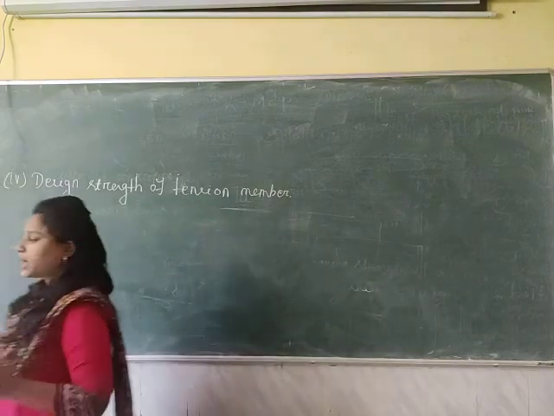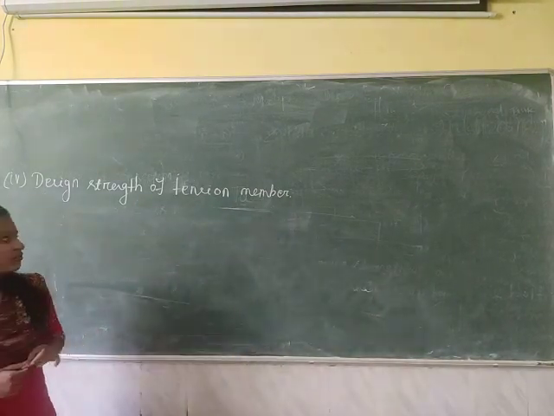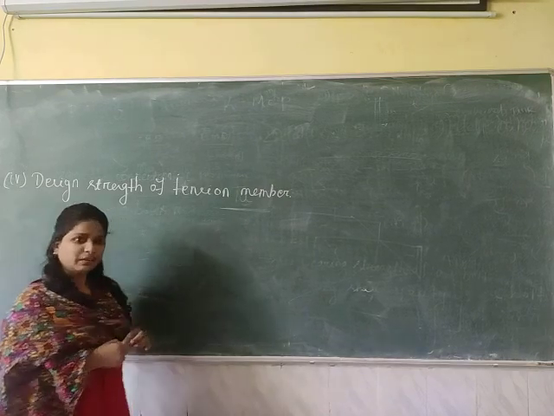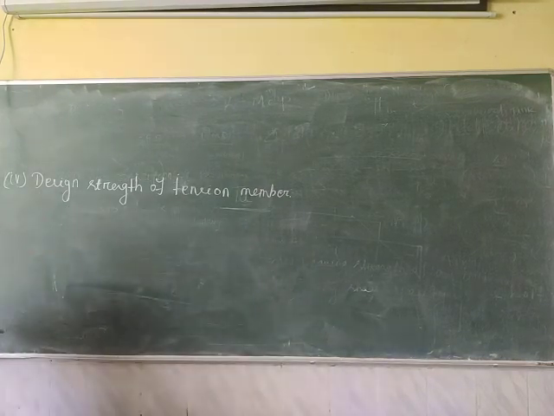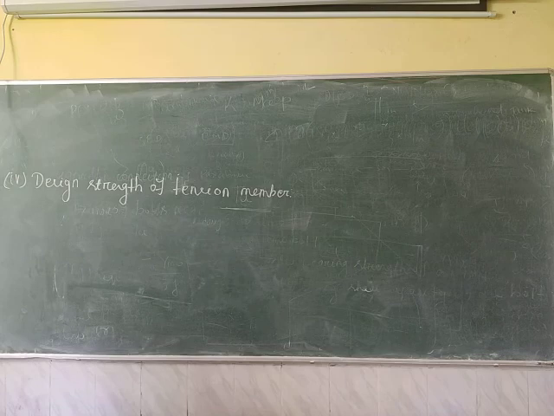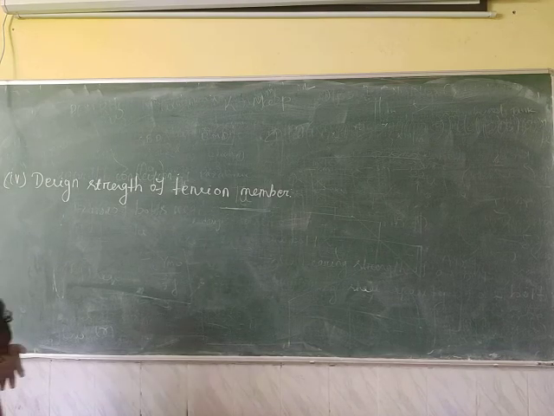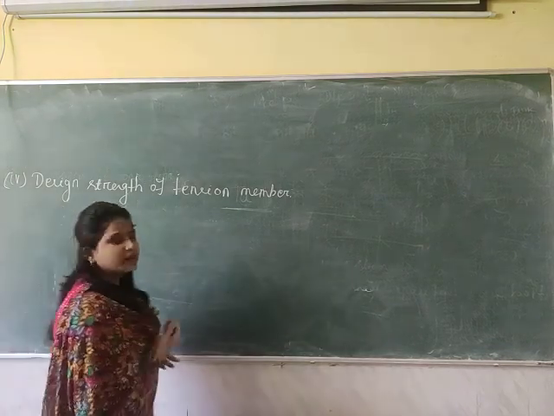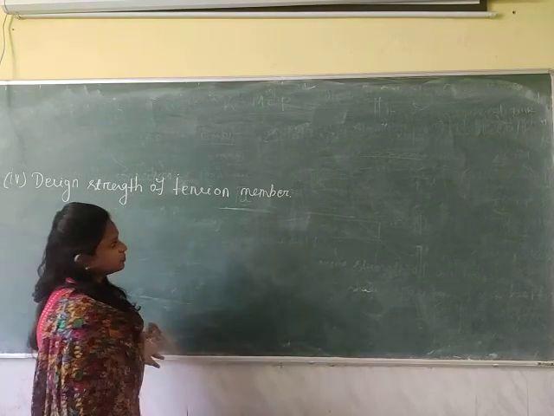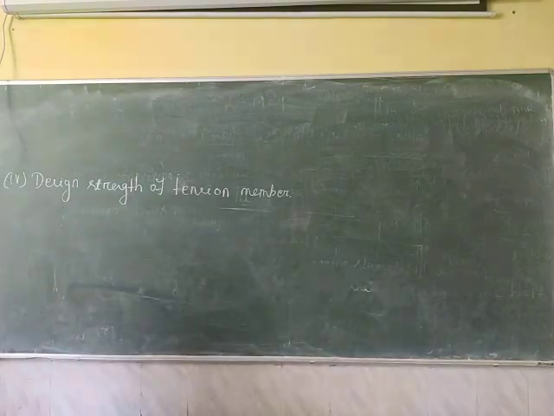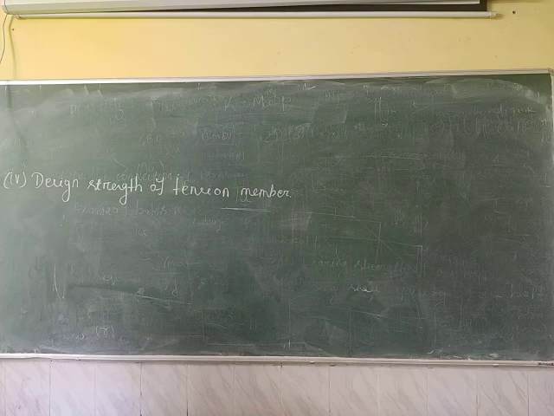After calculating these three values, we will take the minimum value as the design strength of tension member, as the tension member can fail against yielding of the gross section or rupture of the critical section or the block shear failure. So we have to calculate these three strengths.